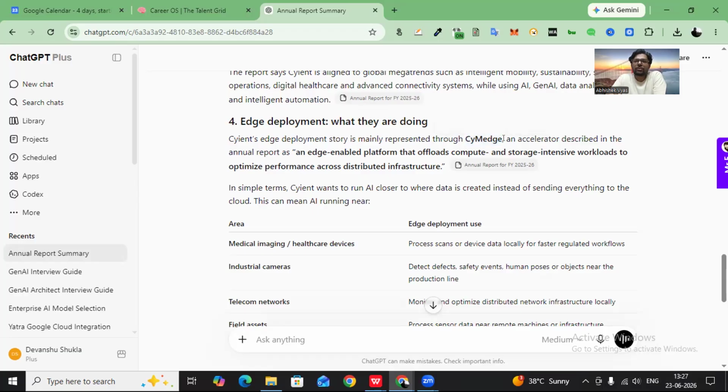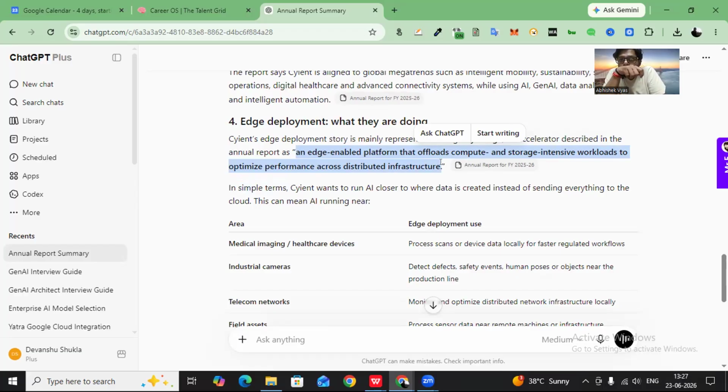And it is an accelerator described in the annual report as an edge-enabled platform that offloads compute and storage intensive workloads to optimize performance across distributed infrastructure. So they are enabling edge-enabled platforms that offload compute and storage from cloud servers. And in fact, they are doing this edge processing on the device itself, on these medical devices themselves.